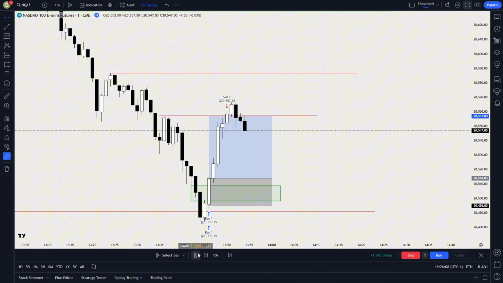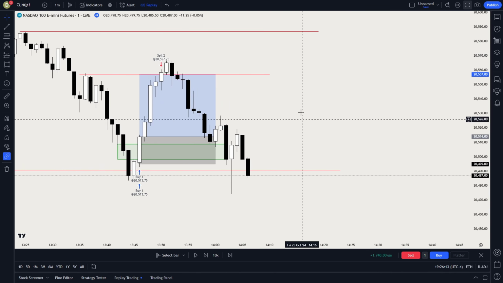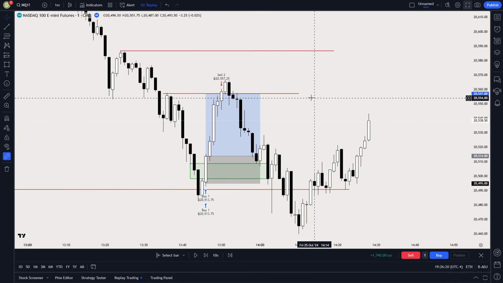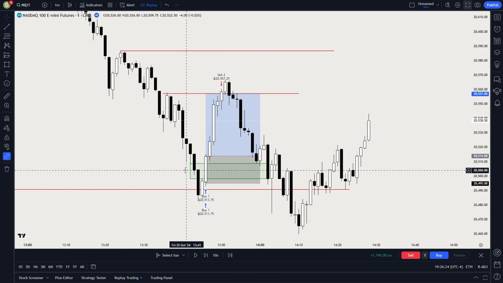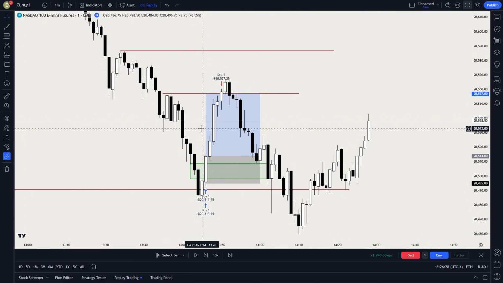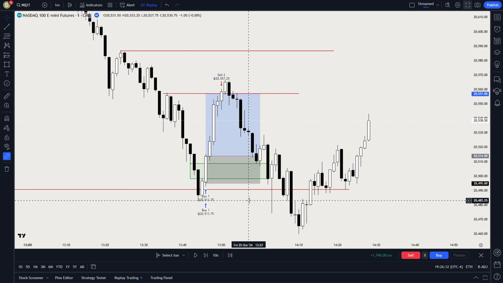We'll have to see. Okay, so we had a rejection right here. We went a little bit higher and then rejected. So that is the first example of how you can take a good trade with the inverse fair value gap. You just want to wait for a sweep of liquidity and strong displacement through the FVG, and then set your take profits for internal levels of liquidity.